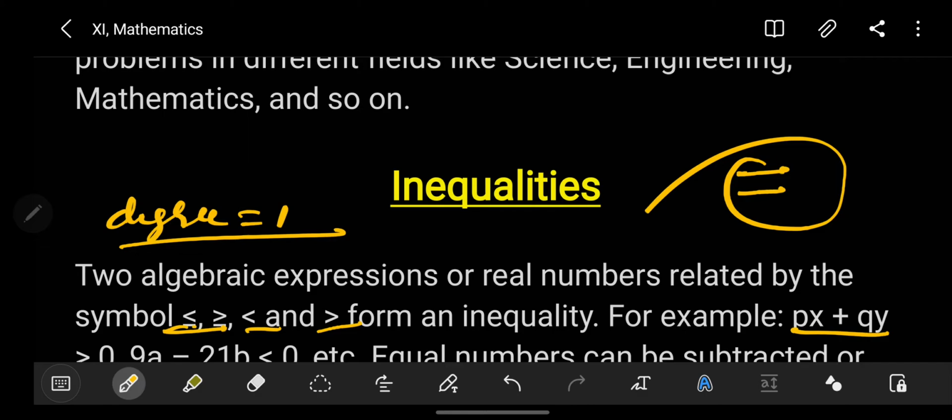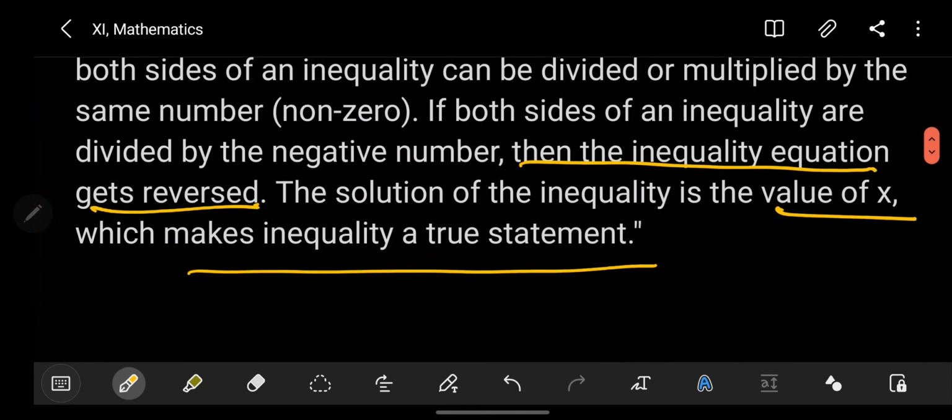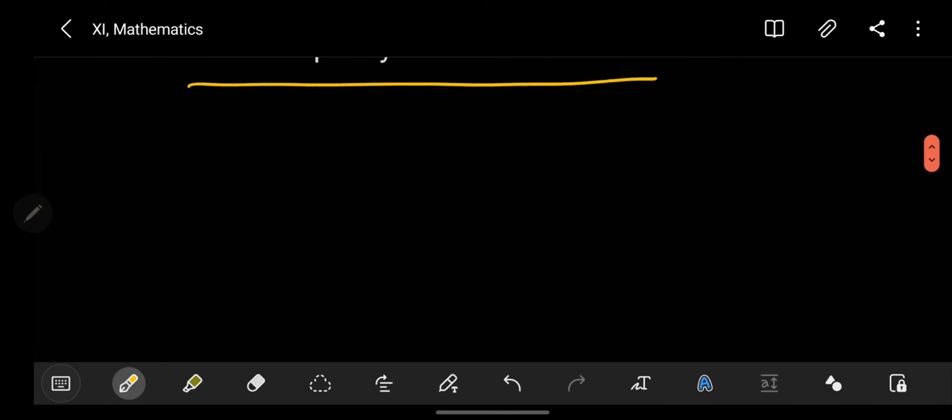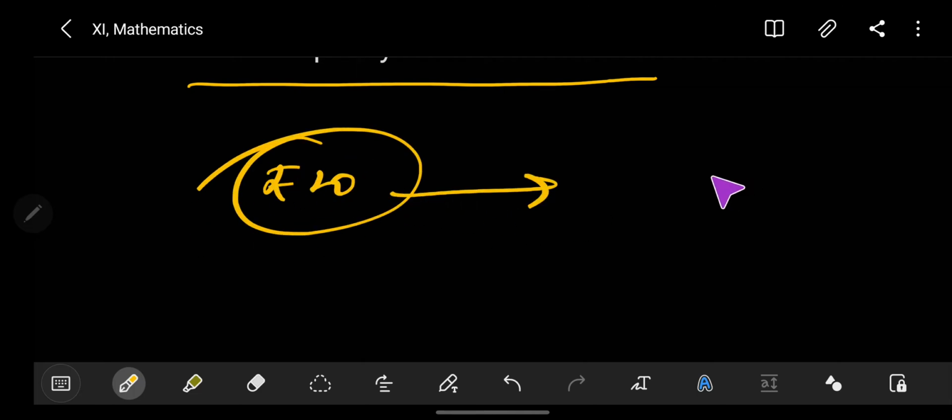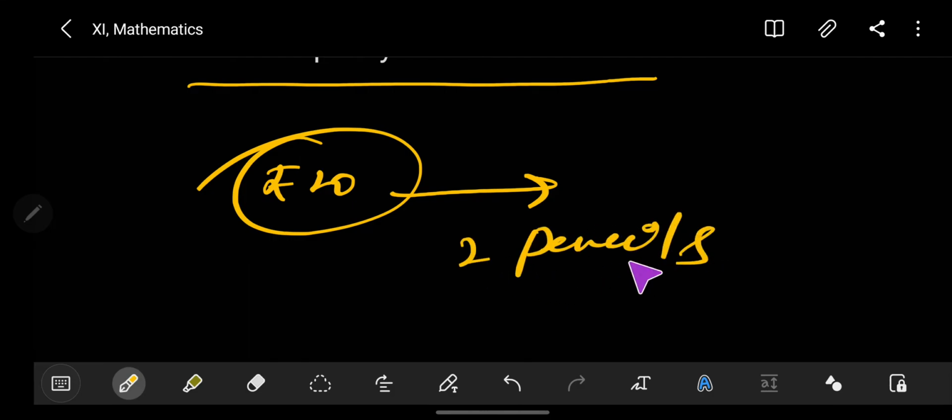So in this class, we'll learn more about how things work according to inequalities. If you take the basic example of inequalities, suppose you go to the market to buy some stationery items, and you went to the market with rupees 20 in your pocket. You went to a stationery shop, and you asked the shopkeeper to give 2 pencils and 1 pen.